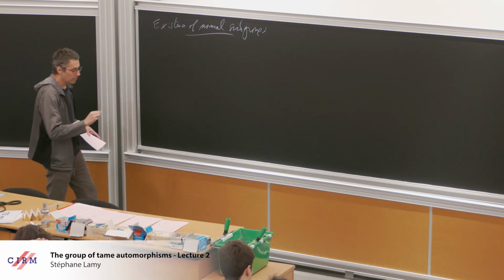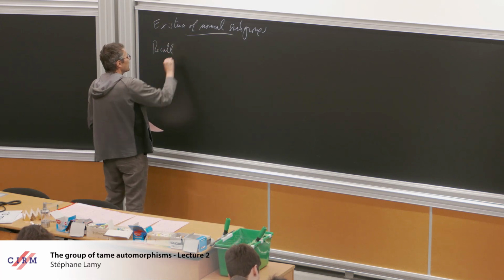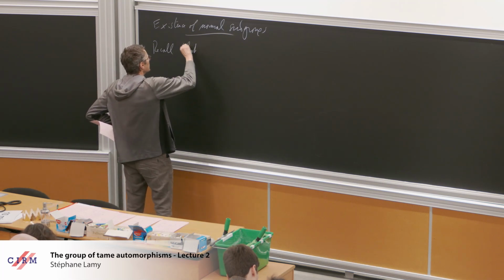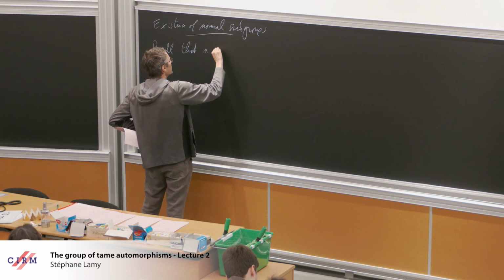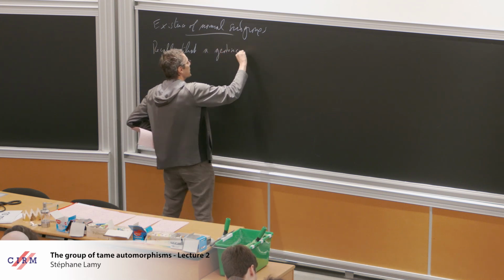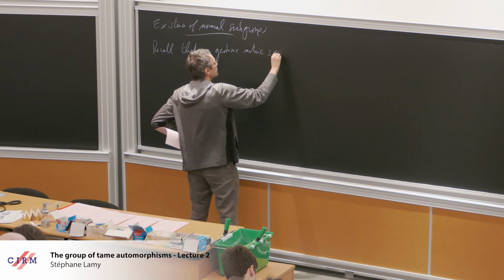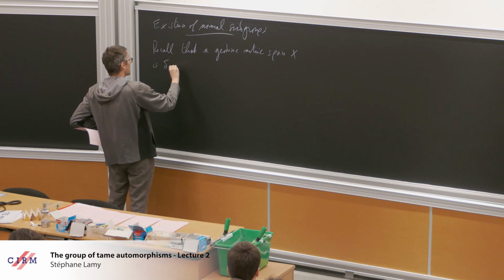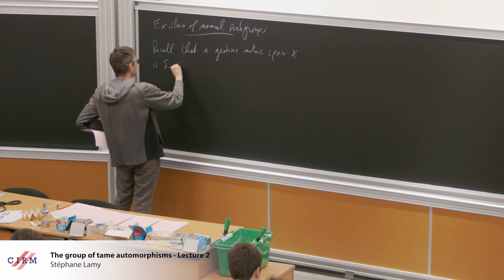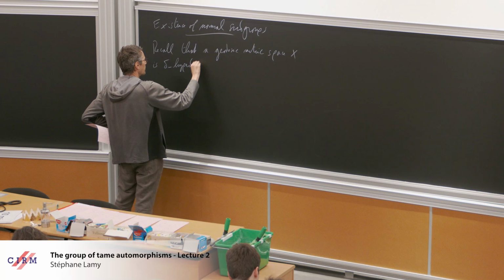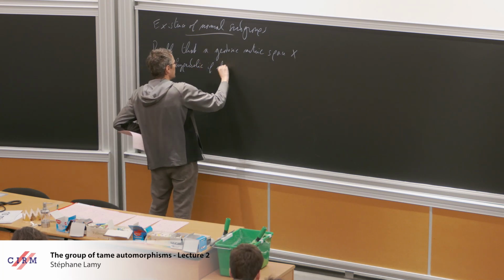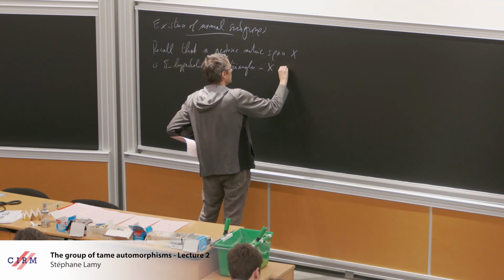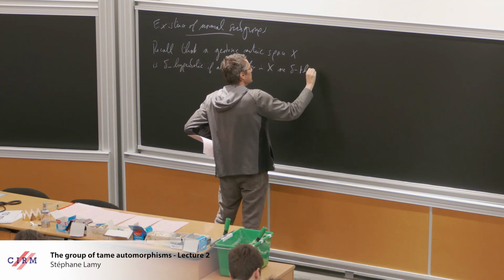First, recall the definition of delta hyperbolic space, or Gromov hyperbolic space. A geodesic metric space X is delta hyperbolic, delta greater or equal than 0, if all triangles in X are delta thin.